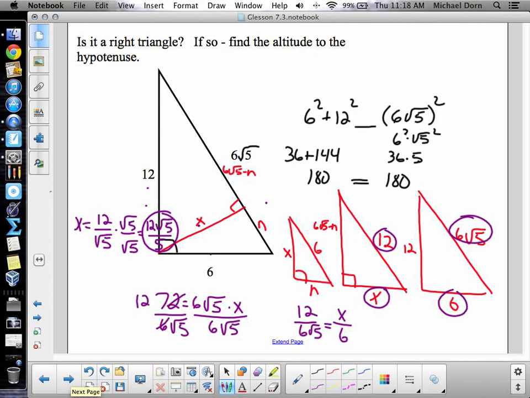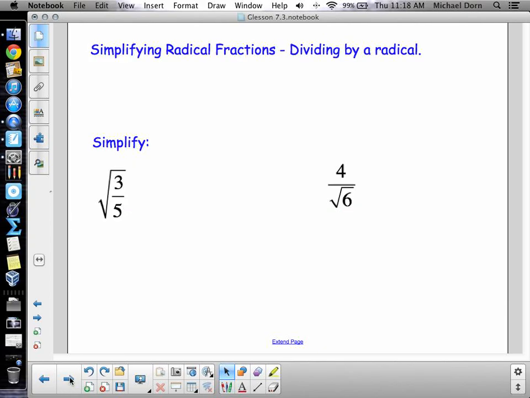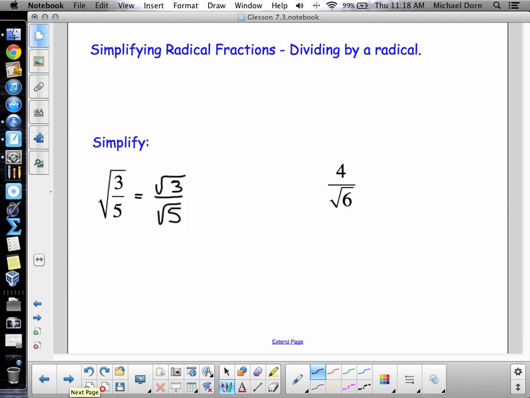Now, just this process, simplifying square roots, is what I want to spend the last couple minutes talking about, because this is important. When we divide radicals, and we're going to be doing this over these next few days, when I simplify a radical, 3 over root 5, remember we rationalize that by multiplying by 1.